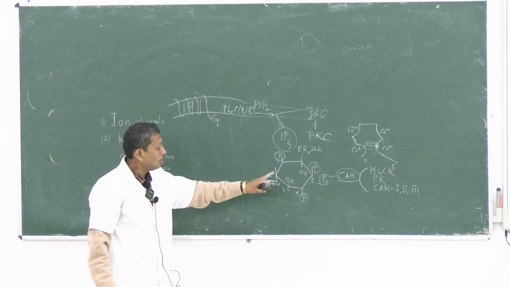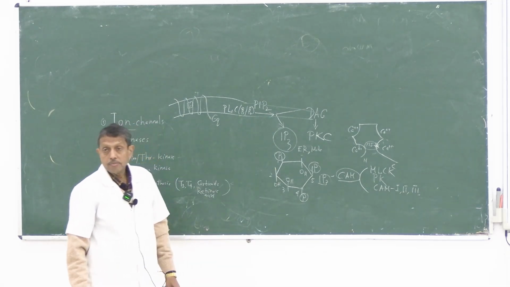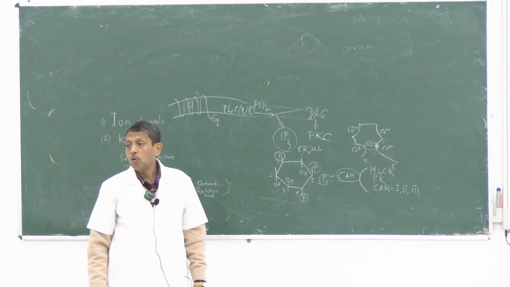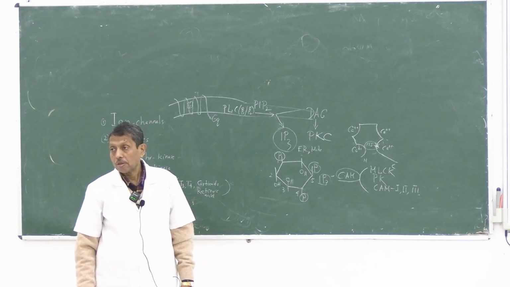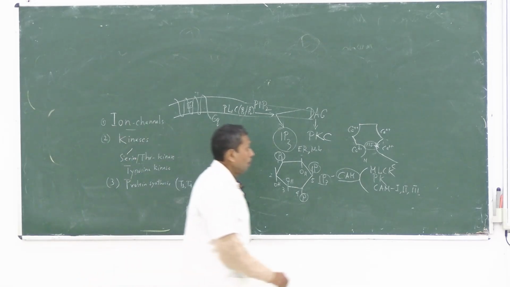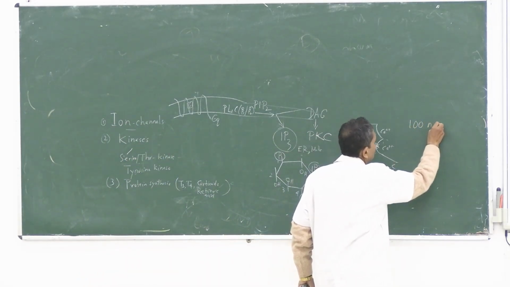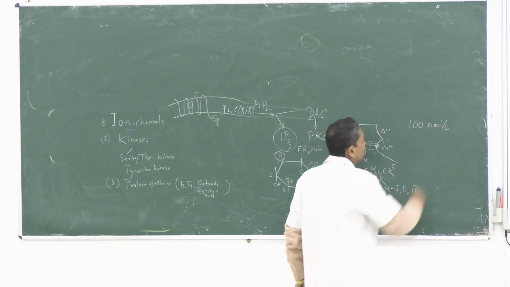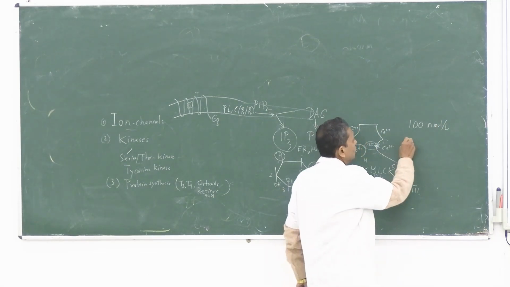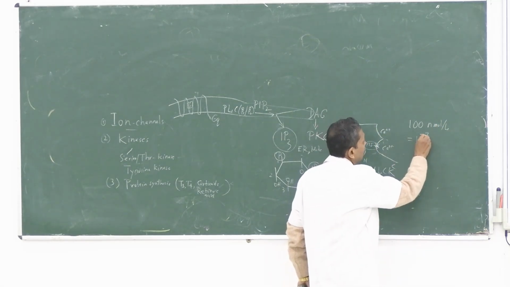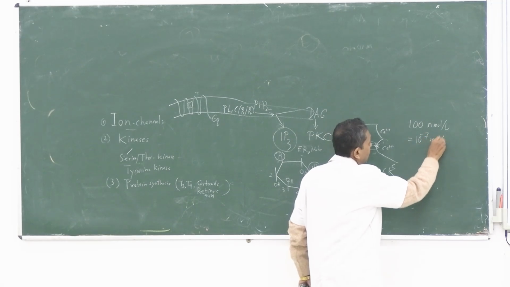Now the calcium ion concentration in the extracellular fluid is 100 nanomole per liter, which is equivalent to 10 to the power minus 7 mole per liter.